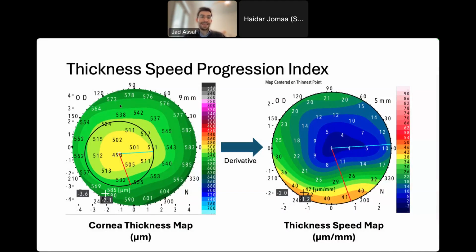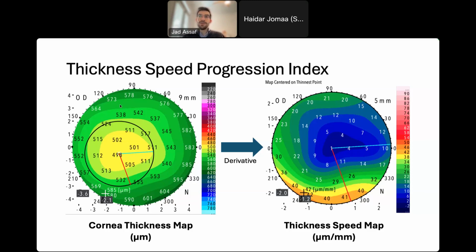On the left, we can see a corneal thickness map, which has been a staple, one of the main maps that we see out of a topography image. And using this map, we noticed a very interesting pattern in eyes that have keratoconus.